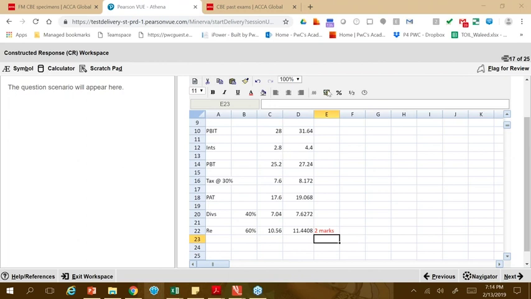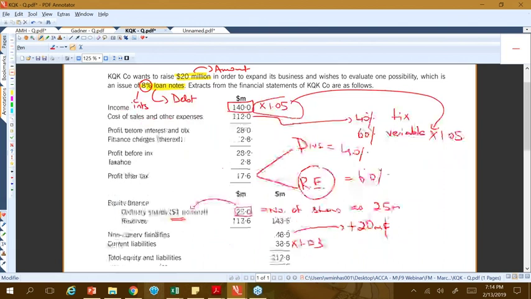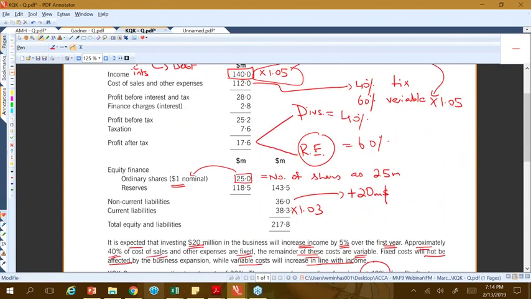Okay, some questions on the interest. Well, let's look at this again. The business right now has some non-current liabilities which are $36 million. And the interest that they're paying on these liabilities is $2.8 million. Now, when they go for additional financing of $20 million, will this $36 million go away? The answer is no. This 36 would remain there and we'll need to add the 20 million to it.